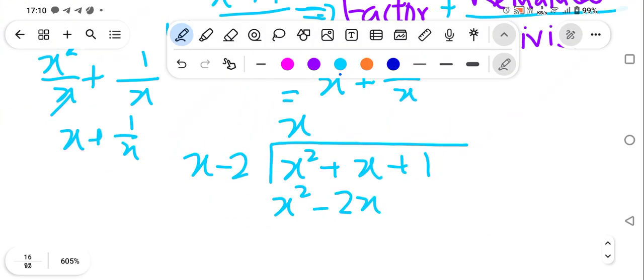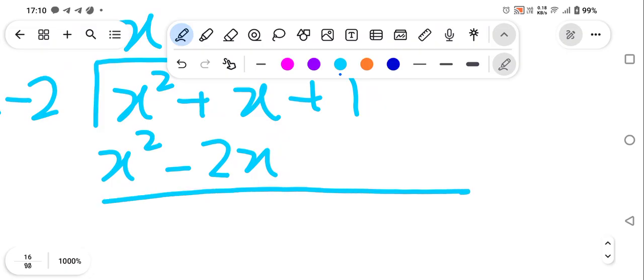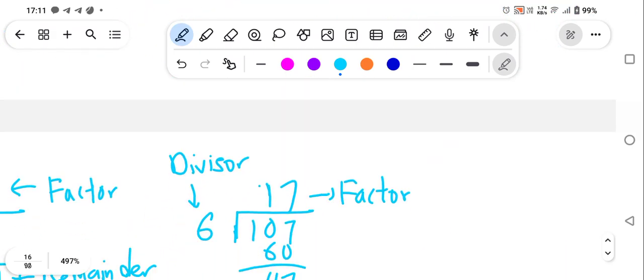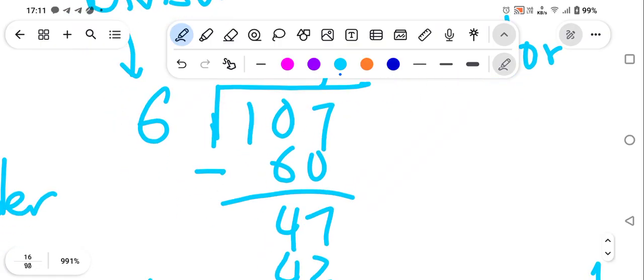Alright, so far so good. And we're gonna minus this, because if you do the division, you minus this term. So 107 minus 60 is 47.